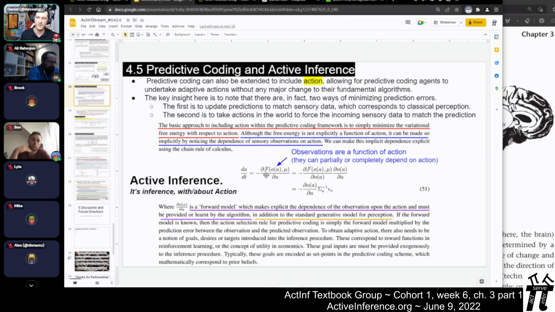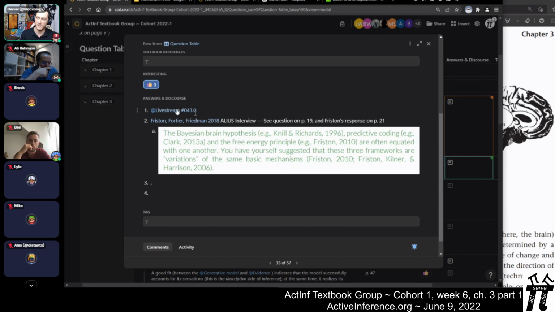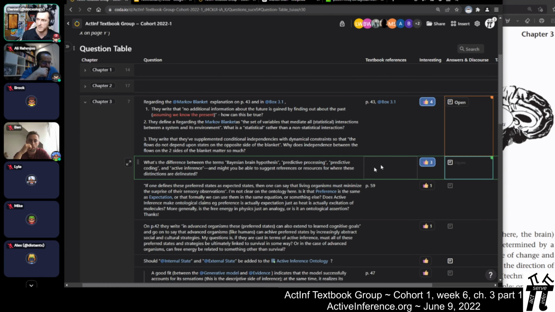All they did was, instead of the free energy being only about sensory observations and expectations, they just tucked action in. It doesn't radically restructure the architecture. It just means that action is a variable in these equations. So 43.1 or 0, 1, and 2 are all good places to look.